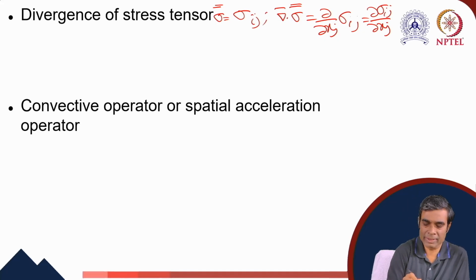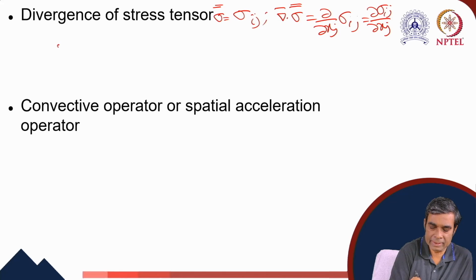Let us consider this vector is c. So we can write it as Ci equals to del sigma ij del xj.